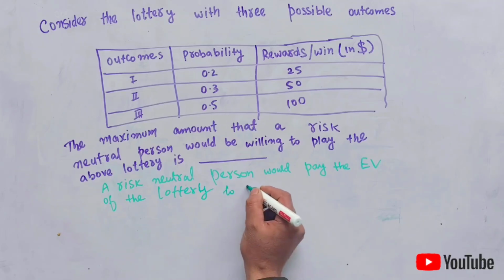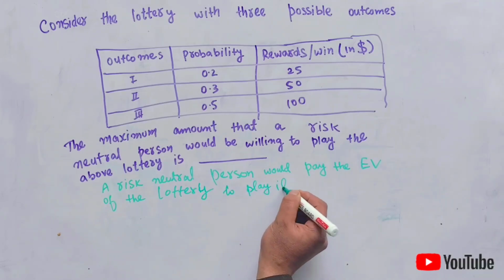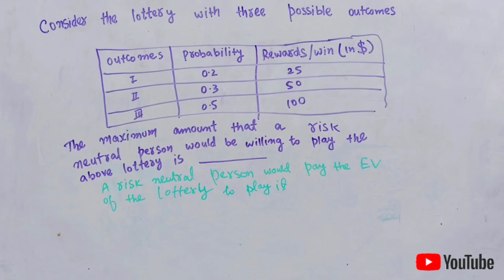When we have a risk neutral person, he will pay the expected value of the lottery.